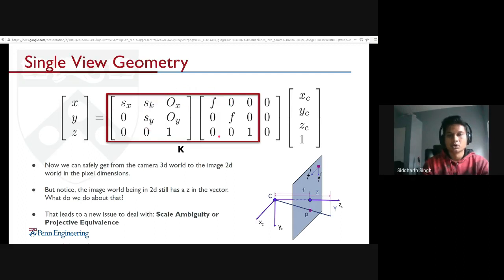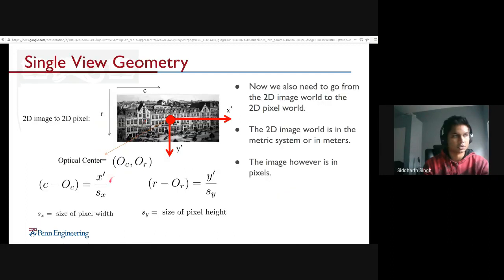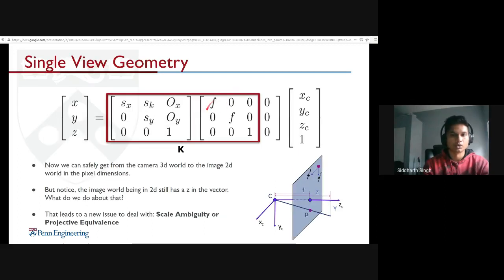So if we put all of this together and expand it, we would get these same equations, with the x dash and y dash scaled by the focal length. This is good practice: you can just write down this equation, multiply it, expand it, and find all the equations for x, y, and z. The x, y, and z is in the 2D image plane, and this xc, yc, zc is what the camera is seeing in the world.